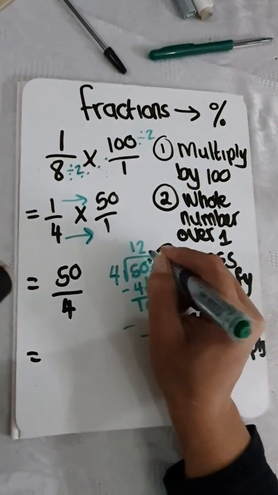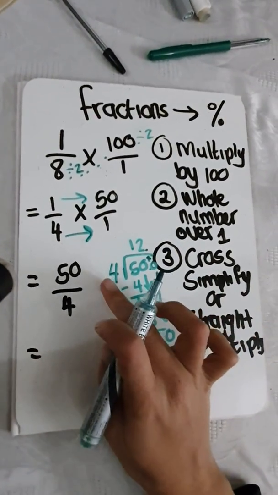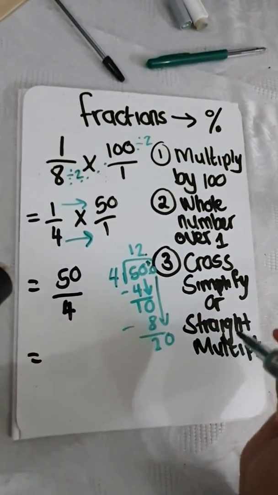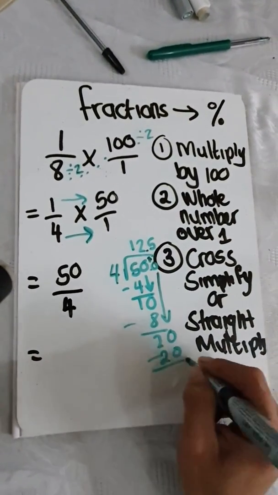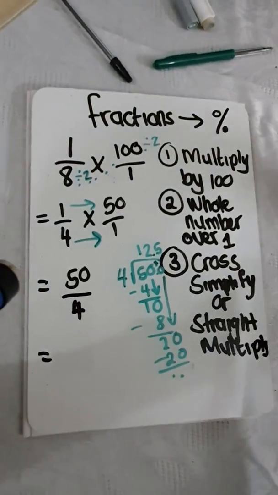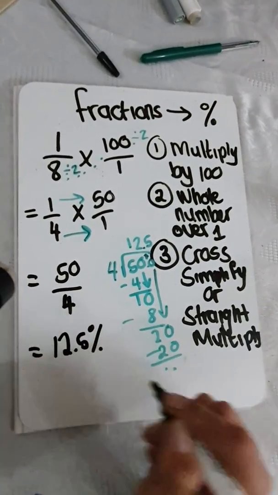Your decimal point goes up high and you bring your 0 down low. Then I ask myself, how many times does 4 go into 20? It goes in 5 times, and 5 times 4 is 20. Therefore, my answer is 12.5%.